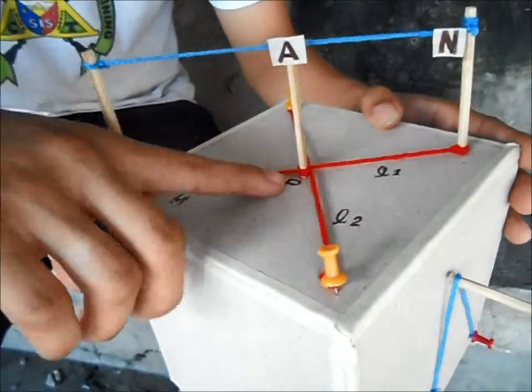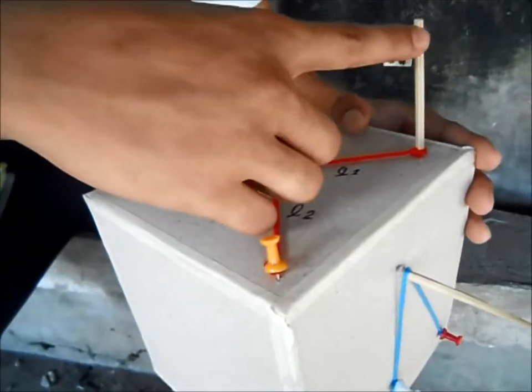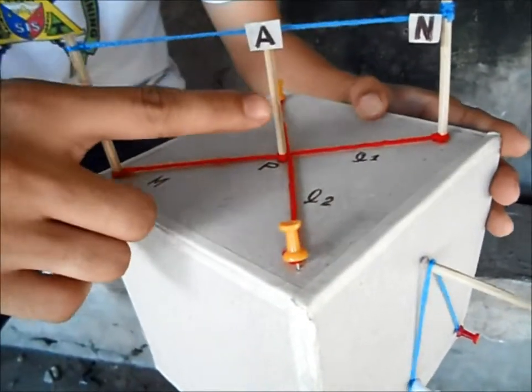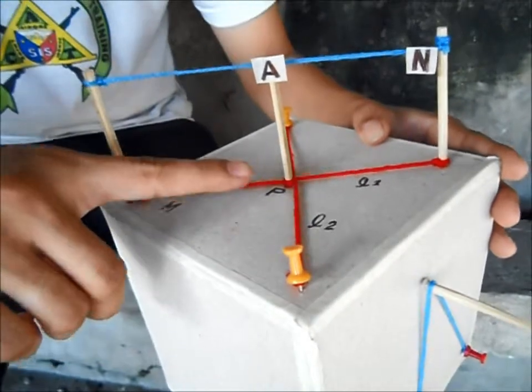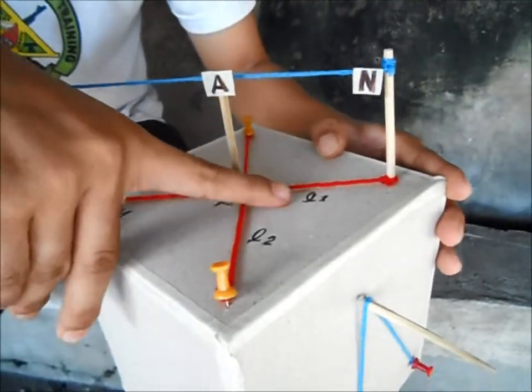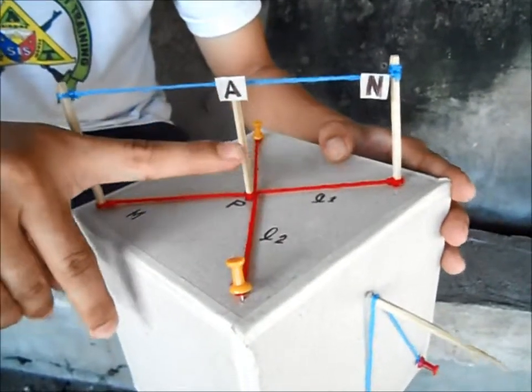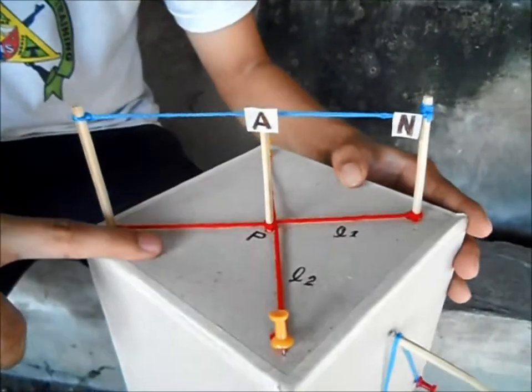Let PA be a line in N and perpendicular to line 2. Then PA is also perpendicular to line 1. Therefore, PA is perpendicular to M.